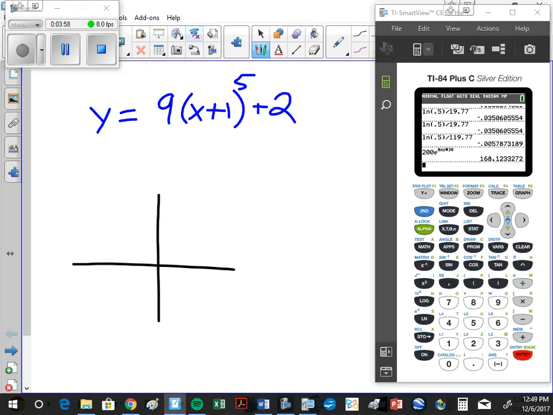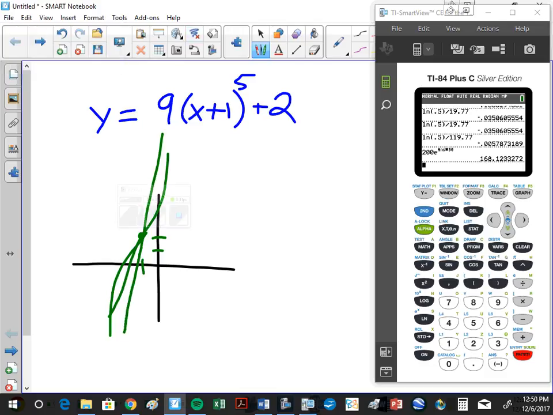What would that one look like? You go to the left 1, up 2. So it's going to look like an x to the 3rd, only taller. So it would look something like that, but the 9 makes it even taller.